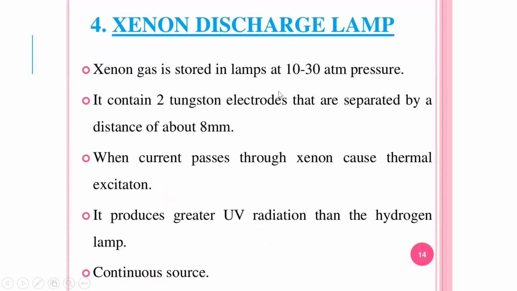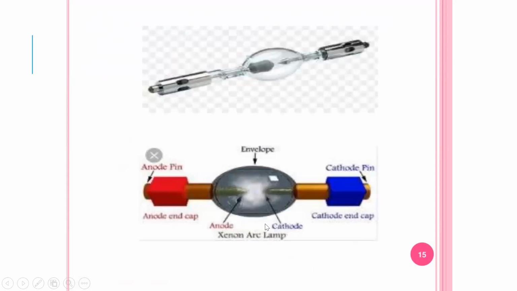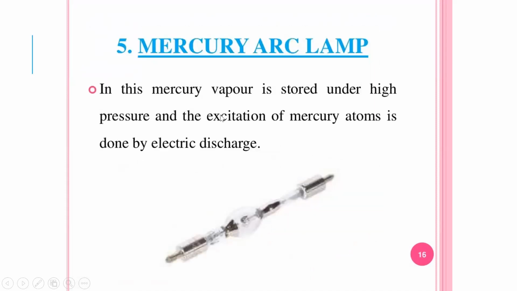Next, xenon discharge lamp. Xenon gas is stored in the lamp. It contains electrodes. When current passes through the xenon gas, thermal excitation of the xenon gas produces UV light. Mercury arc lamp: here mercury vapor is stored under high pressure.